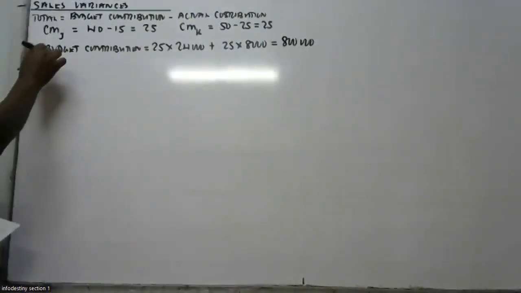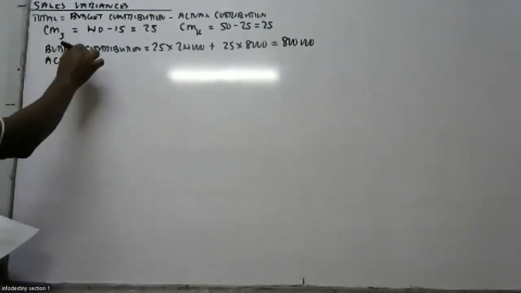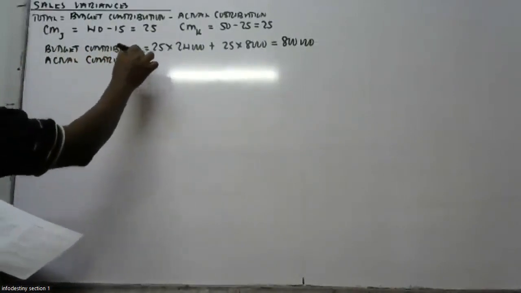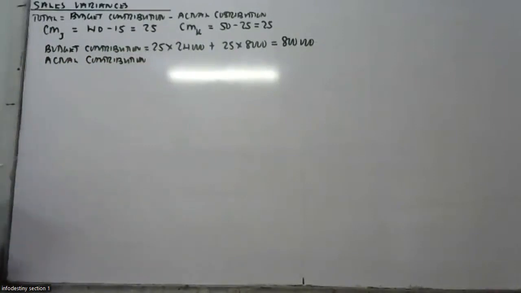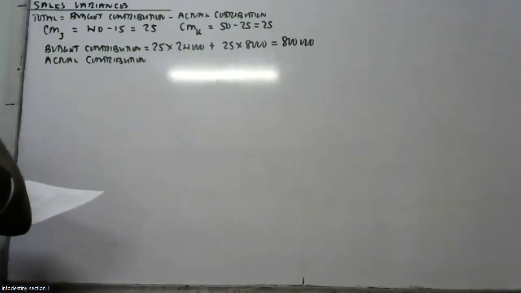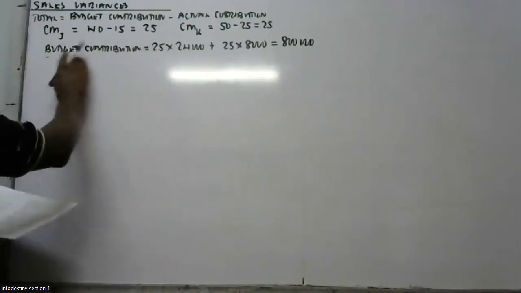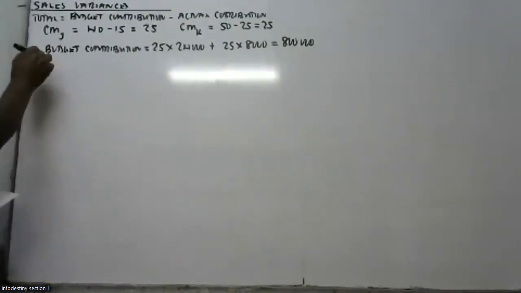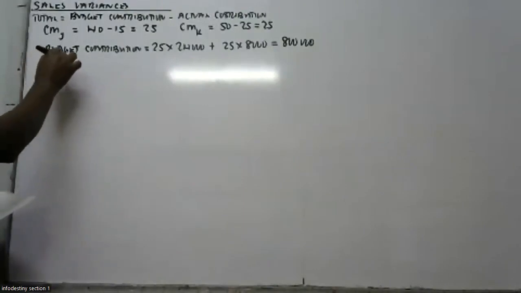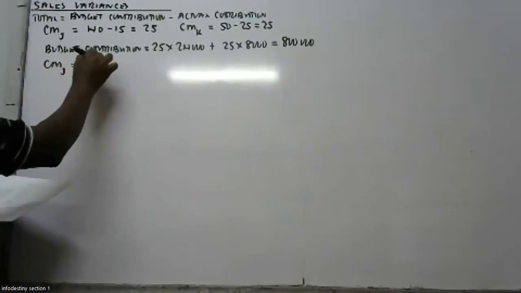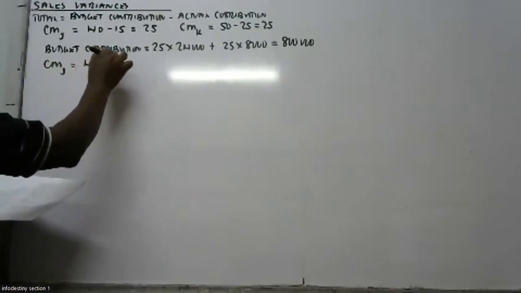Let's now get the actual contribution. First of all, let's get the contribution margin of J under the actual, which is 45 minus 20.